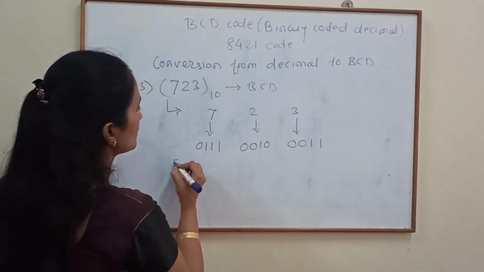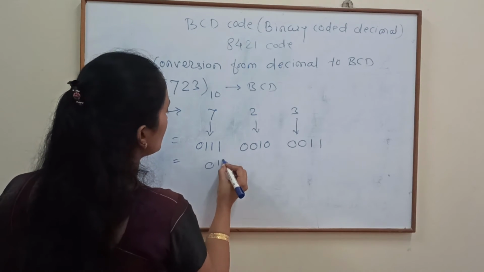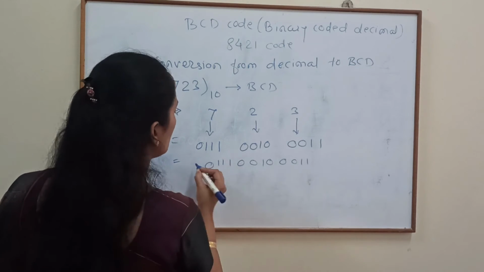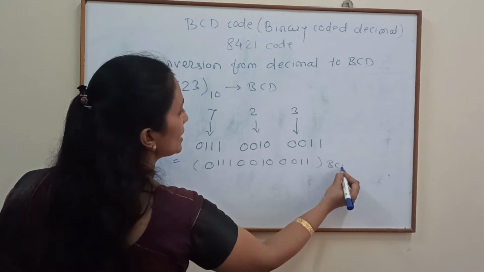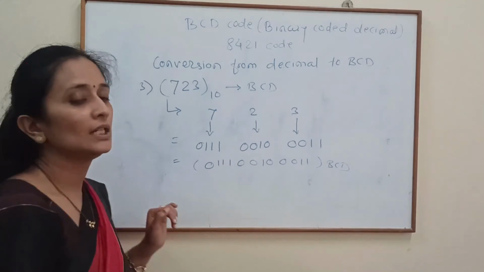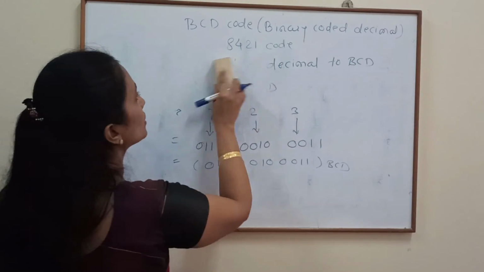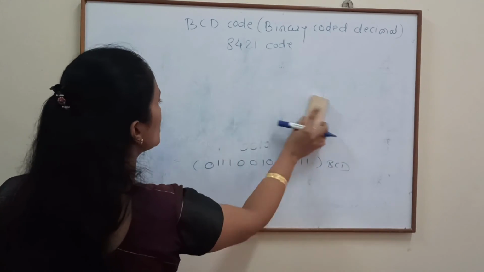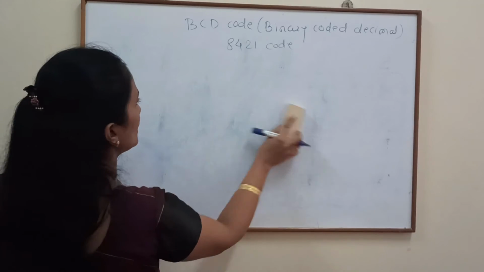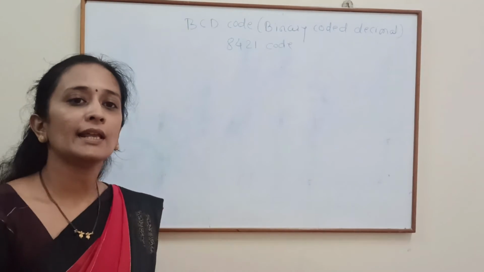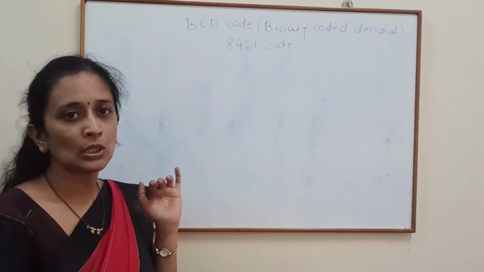Combine all bits, you will get 0111, 0010, 0011. This is the BCD equivalent of decimal number 723. I hope you understood how to convert decimal into BCD. It is exactly the same procedure as conversion of decimal to binary.